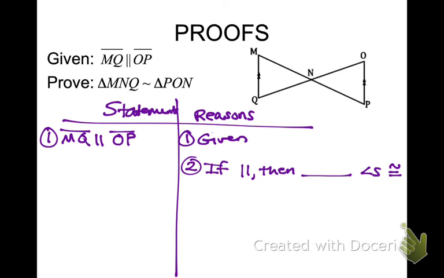Now, we can do all sorts of options with this. We could do both sets of alternate interiors and call it good. So I could do, just watch for a second, I could do Q with O and M with P. And then just ditto mark line 4. That might be the easiest, less writing. Or I could just pick one of them.